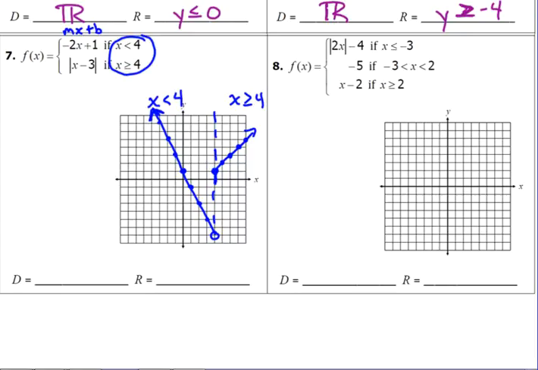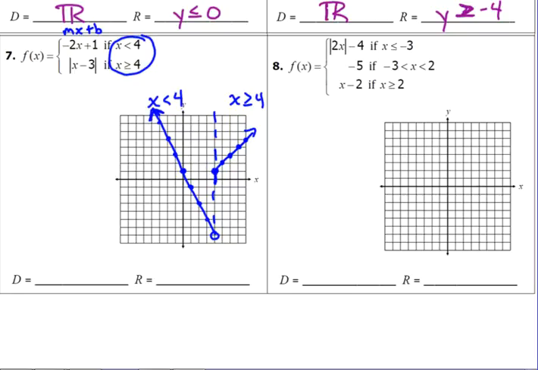So even though that right piece, that second piece, is the absolute value function, it doesn't really look like it because we don't include the vertex. Where's our vertex? Based on what we learned yesterday, what x value? How do we find that? What did we learn yesterday? How do we find the x value of the vertex?